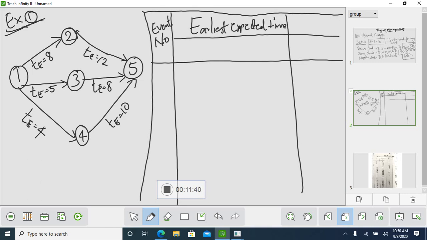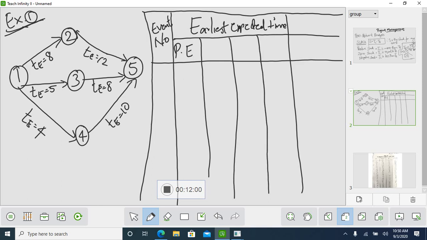In the earliest expected time, you will see the predecessor event, PE. You all know the formula for earliest expected time, right? So go through the formula for earliest expected time.